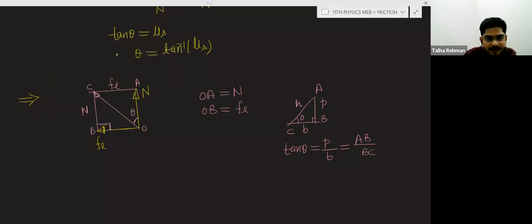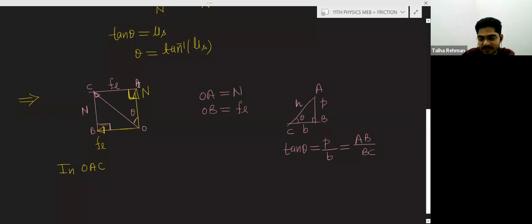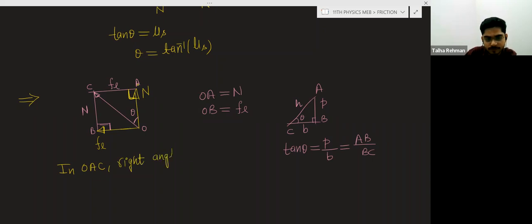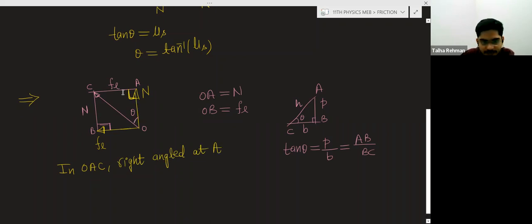This is angle theta, and the right angle is here at A. In triangle OAC, right angle at A. This is the triangle right angled at A. Now this is the theta, and opposite to theta what is?